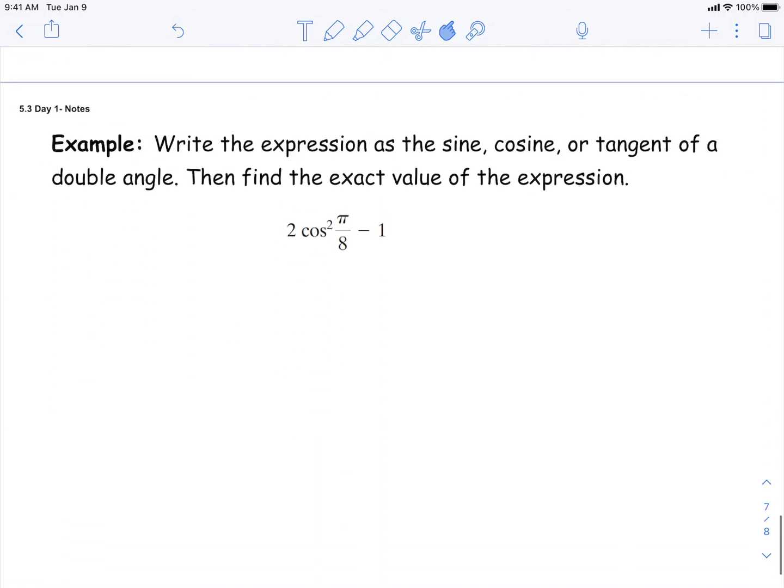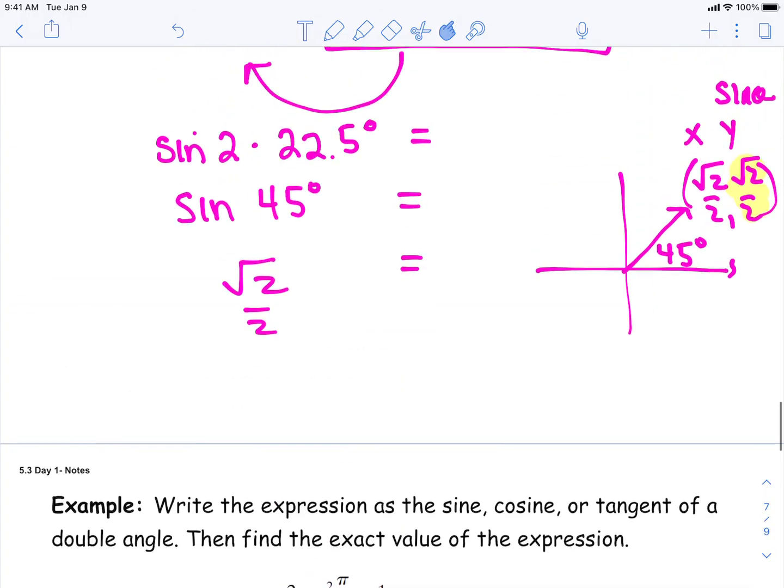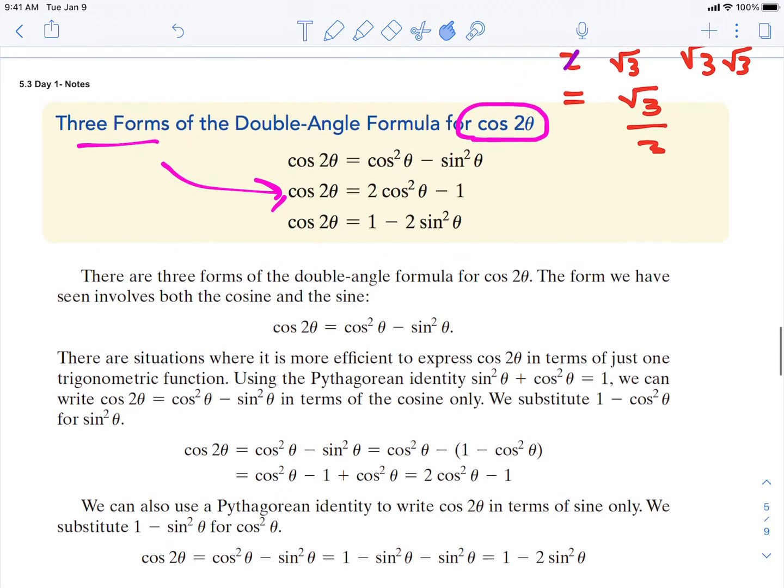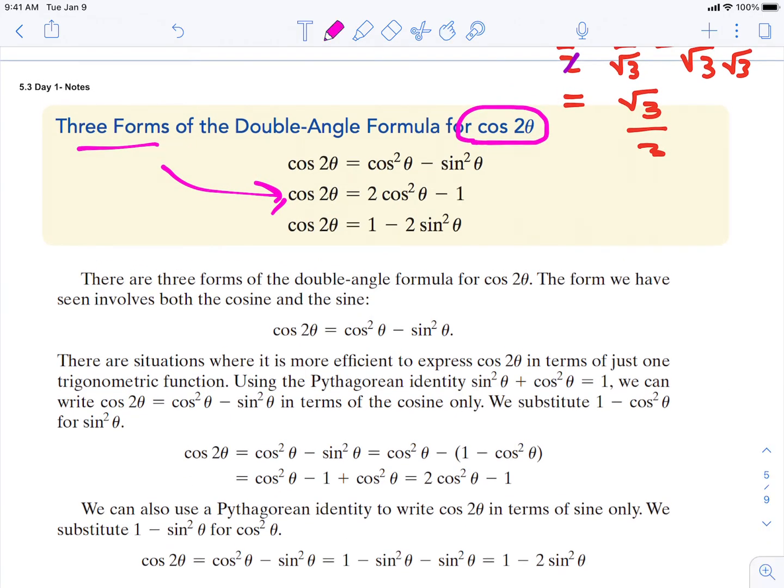All right, write the expression as a sine, cosine, or tangent of a double angle. So here's what we've been given. So we have to go up into our formulas and find that one. And it is right here. Cosine of 2 theta equals 2 cosine squared of theta minus 1.